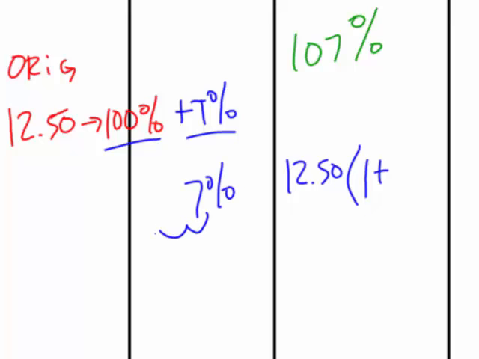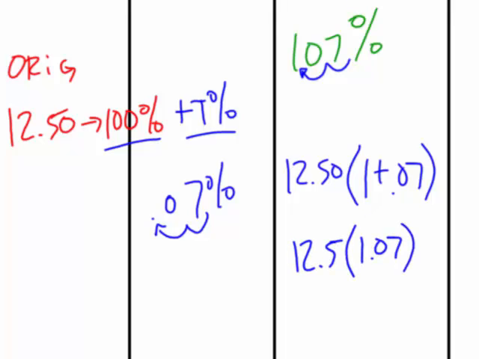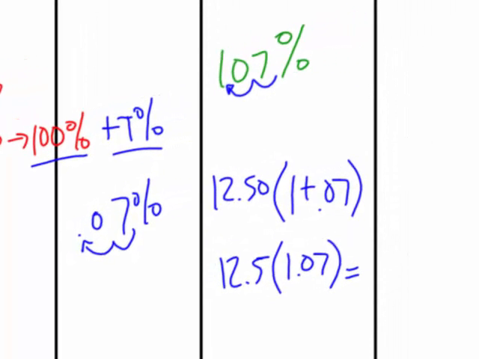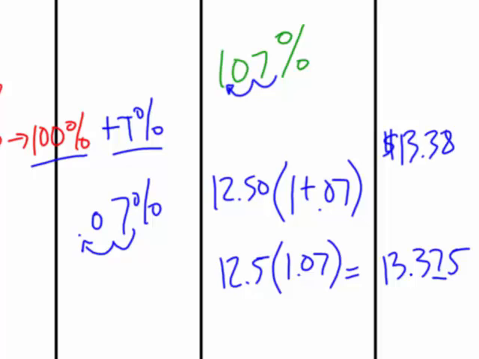Remember, so it was 0.07. Which is what? The decimal form of 107%. So really I can take 12.5 times 1.07 to find my new total, which is 13.375. Remember we rounded to the nearest hundredth, so I'm going to go $13.38. We're rounding up there.